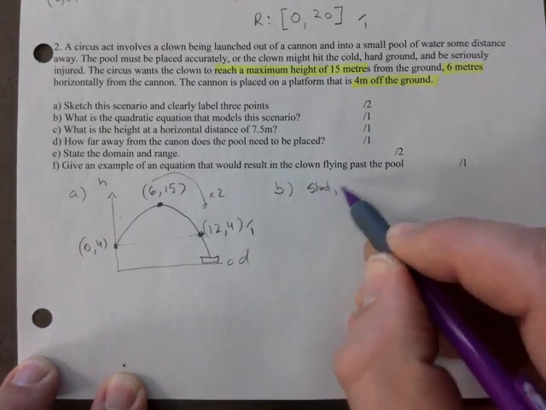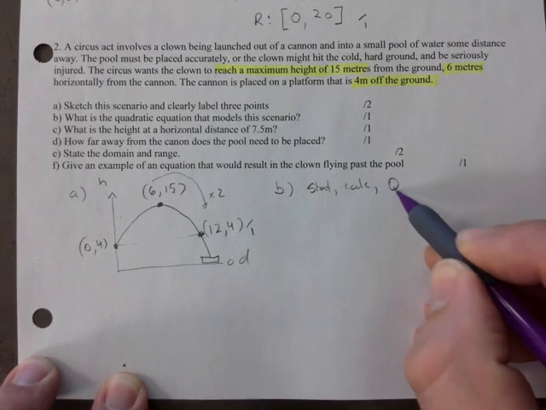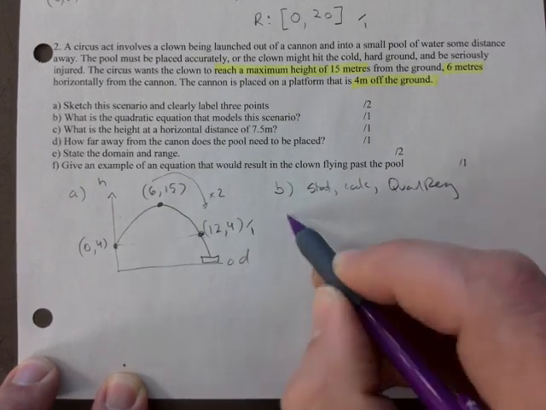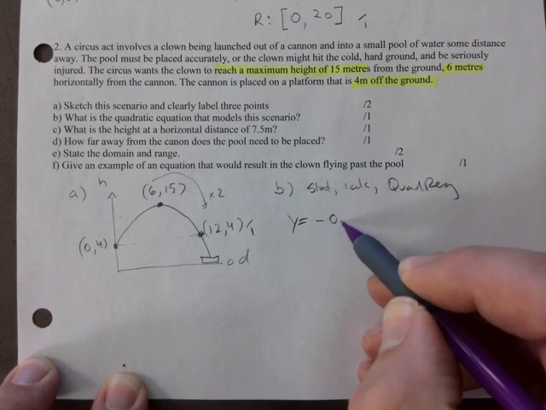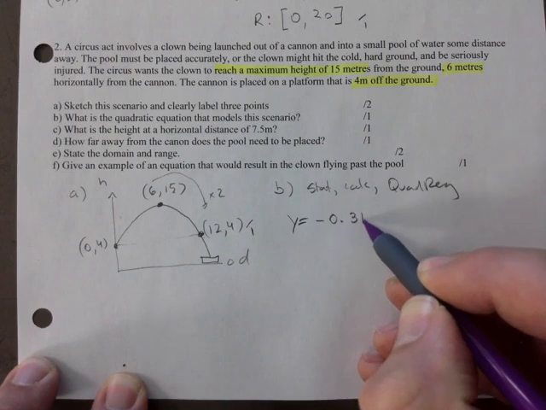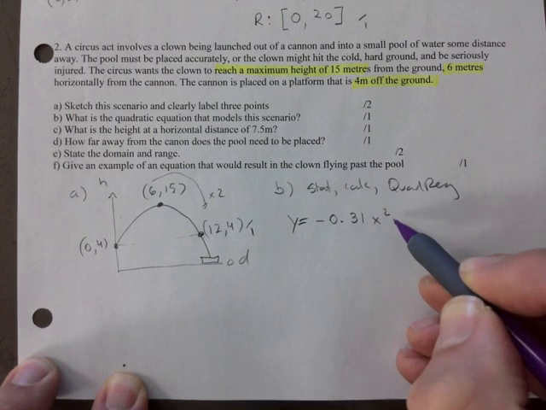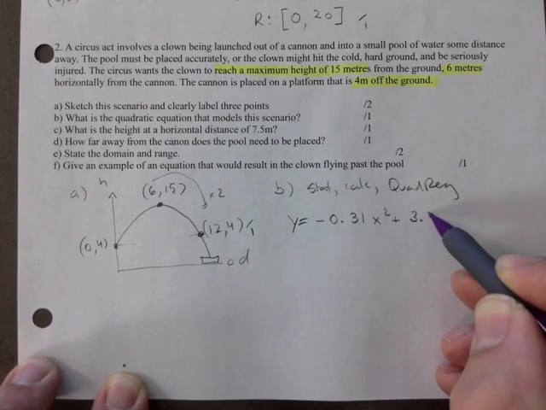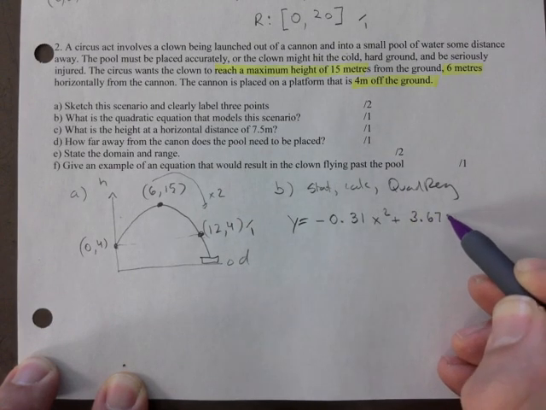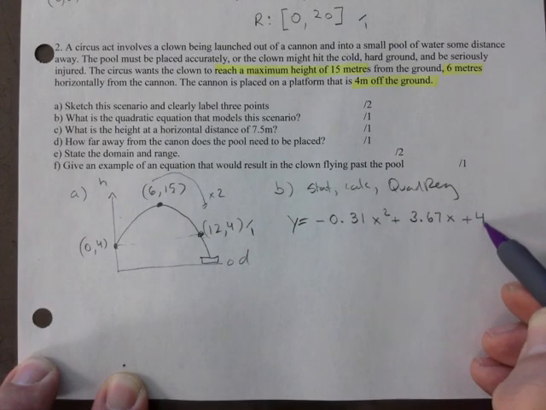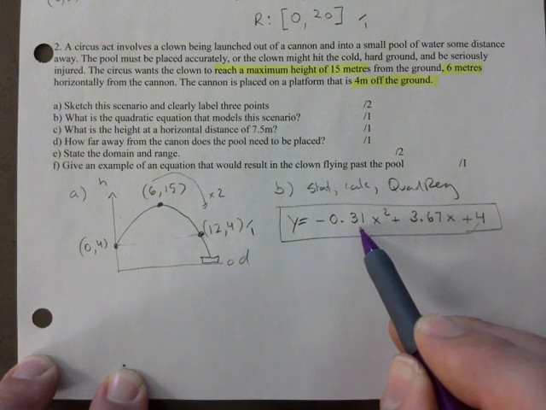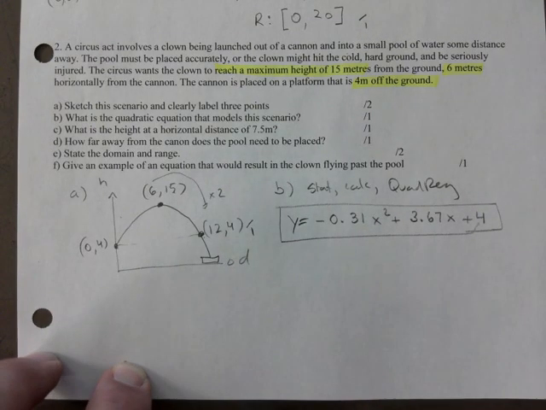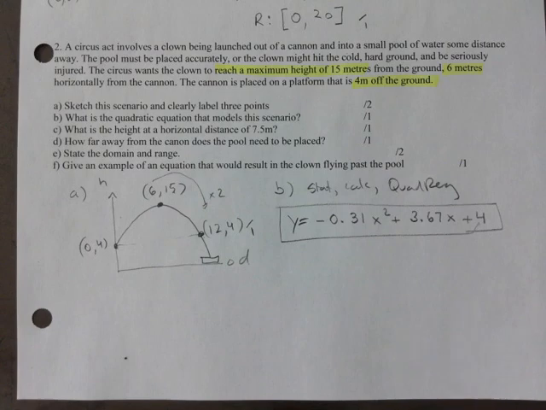So stat calc quadreg, and you get, let's see here, negative 0.31 x squared plus 3.67 x plus 4. Somebody gonna challenge me on the 0.31? Is that good? Because I have mine rounded to 3 decimals, but I wasn't quite sure. Okay, so that's our quadratic equation.